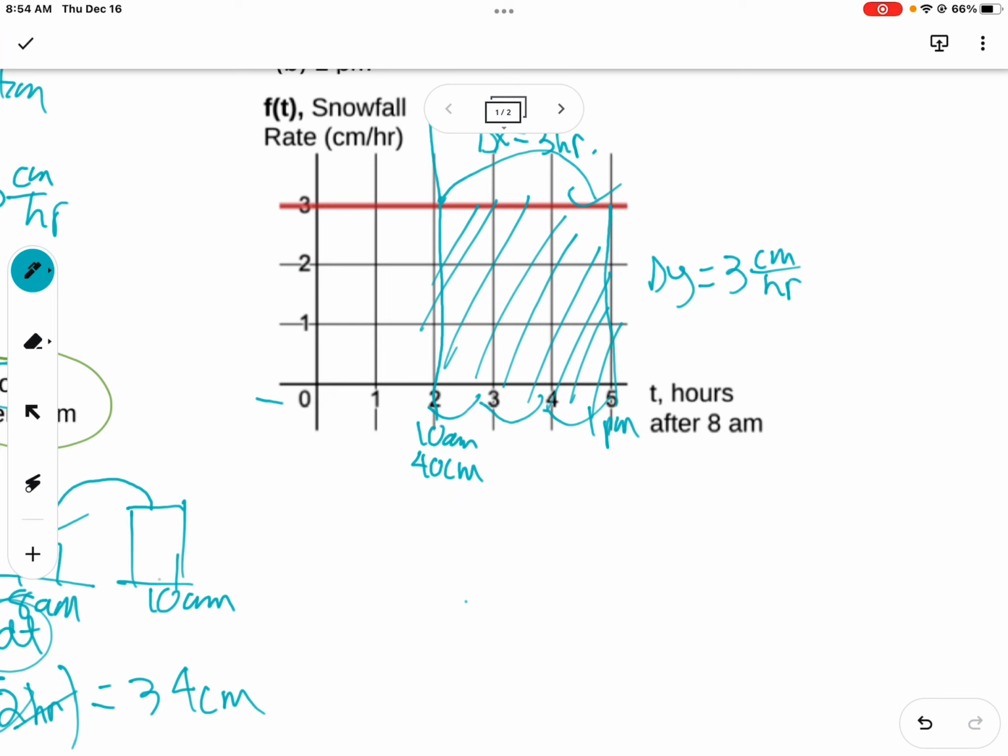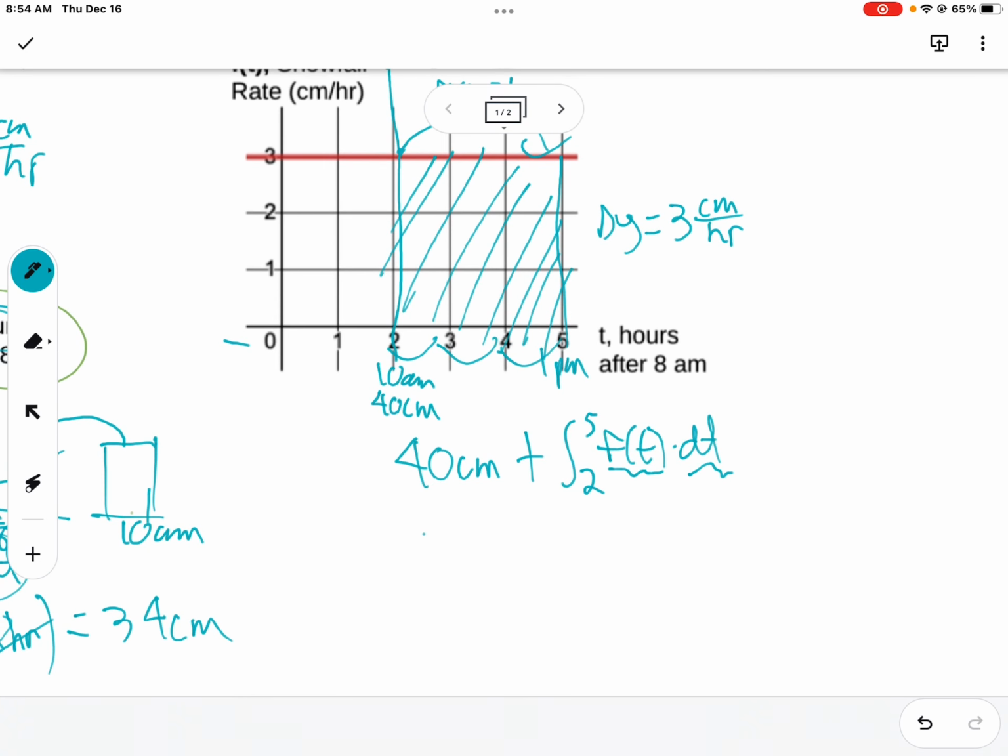Well, I know that it's going to start at 40 centimeters. I'm going to add the integral from 2 to 5 hours, f of t dt, so y value, x value, and that will equal the depth of snow after 5 hours.